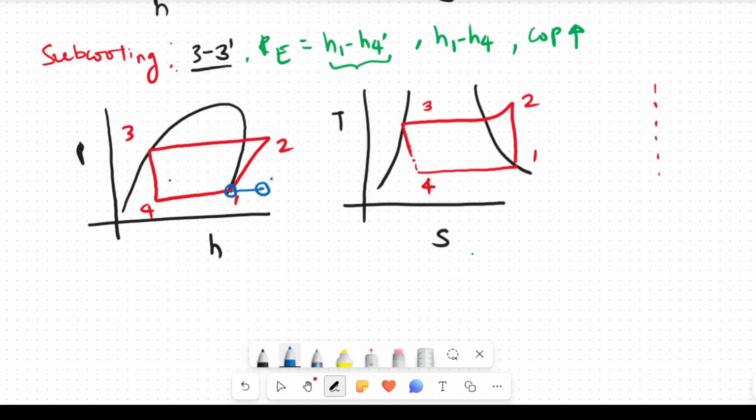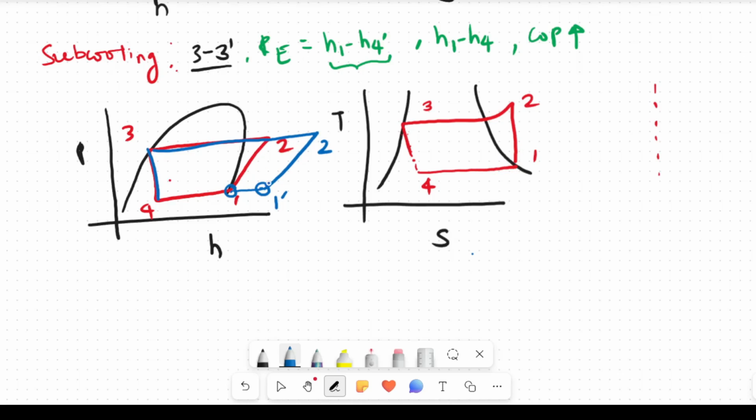Why are we doing this? Because we want the refrigerant to be in a vapor phase when it enters the compressor. Okay, so this will be our 1 dash and this will be our 2. And everything will remain the same.